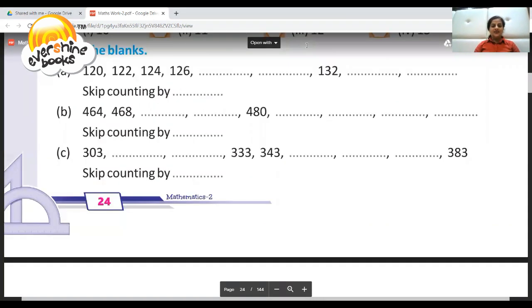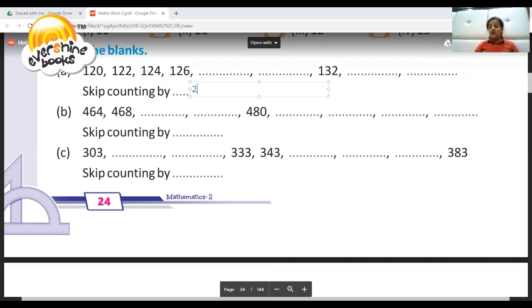Now next is skip counting by 2 we have done here. And we are leaving one number, that is called skip counting by 2. So we are going to write here 2 also, skip counting by 2. Here the numbers are 464, 468.